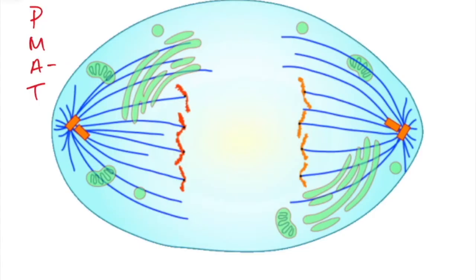Our next stage from PMAT is anaphase. Anaphase we can think of as away.